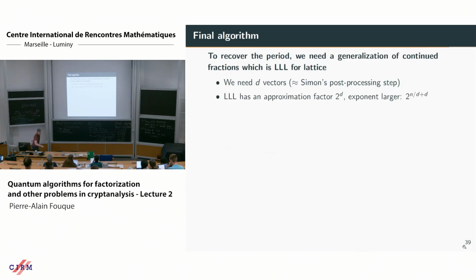However, LLL is not as efficient as lattice reduction in dimension 2. In dimension 2, lattice problems are very easy, but in higher dimension LLL is not as good as continued fraction, so we lose some approximation here.